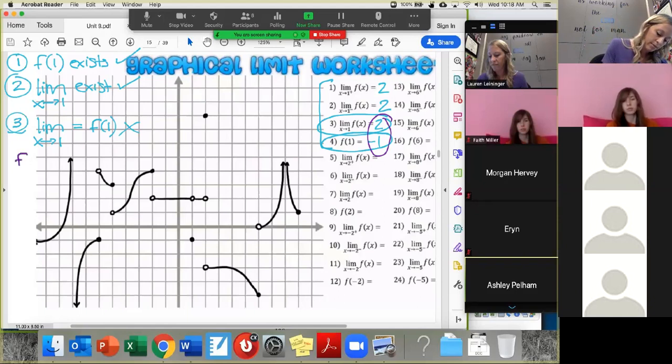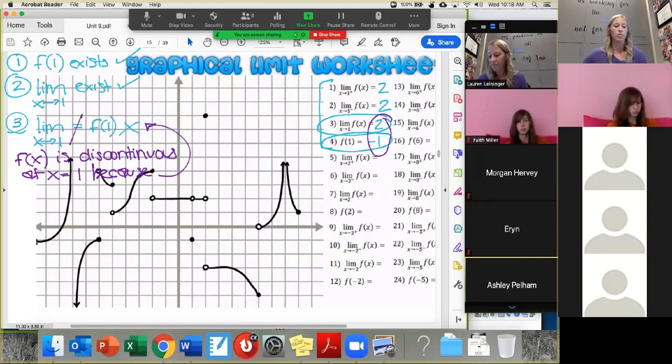I would say as my answer, f of x is discontinuous at x equals 1 because the limit does not equal f of 1. In order for it to be continuous, all 3 have to be met. Any questions about that? Because it's kind of a weird concept to begin with.